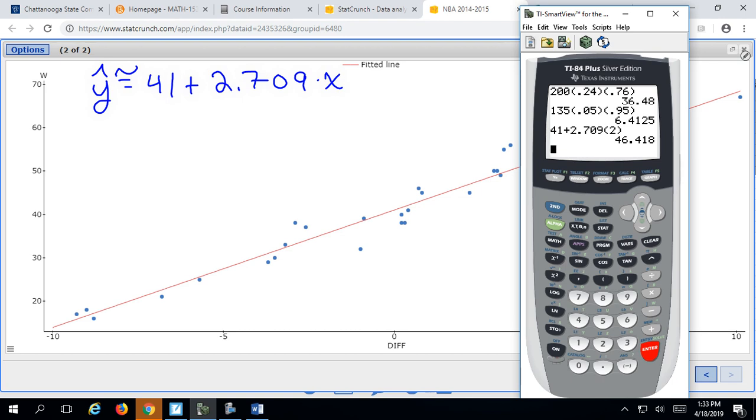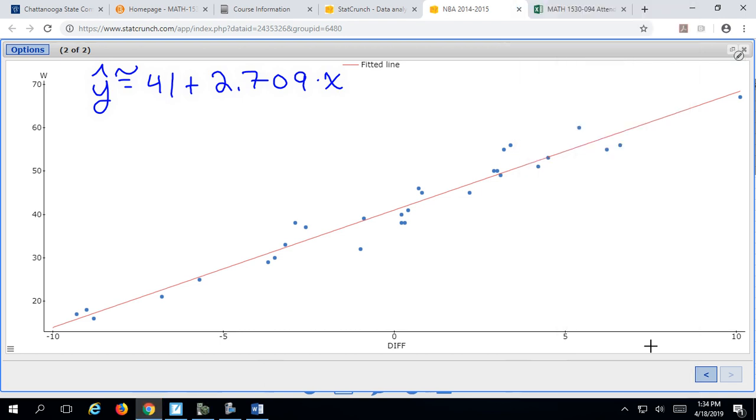I'm sorry? I made it up. I just said, if I told you a team's point differential was 2, then you could tell me a good prediction of the number of wins, right, just by using the equation. On the graph, you can see it here. If I plug in 2 on the x-axis, I go up to the line.